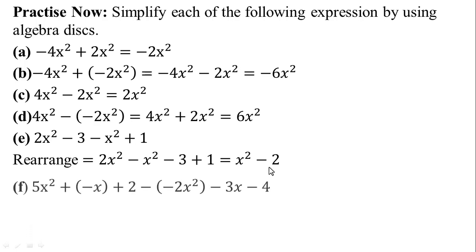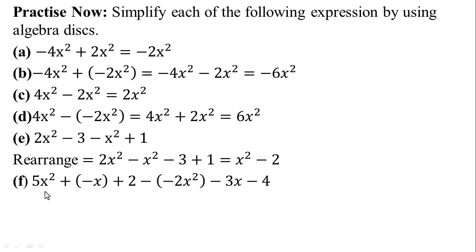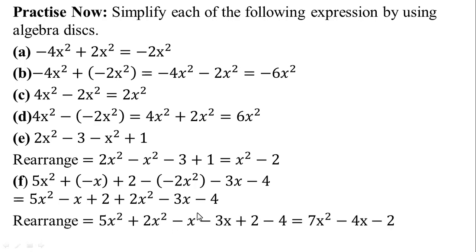Now in next part, 5x square plus into minus x plus 2 minus into minus 2x square minus 3x minus 4. First of all, opening the both brackets, then we have 5x square plus minus minus x plus 2 minus minus plus 2x square minus 3x minus 4. Now rearrange with respect to its variable.